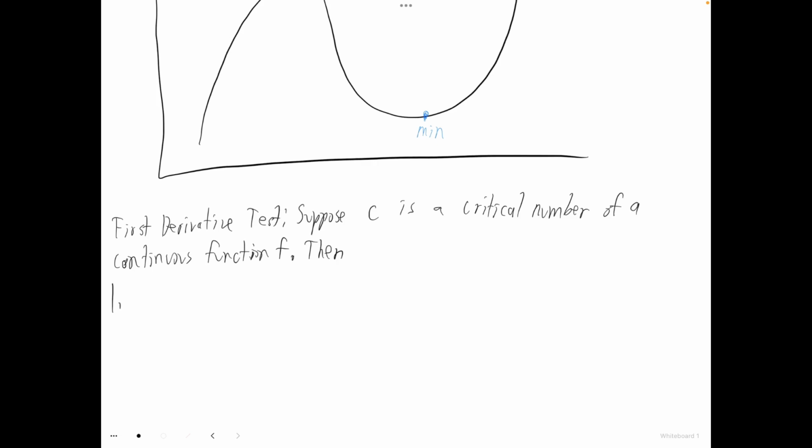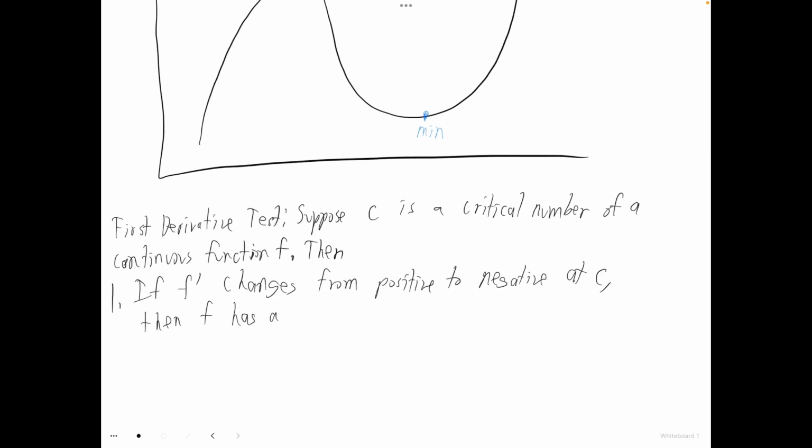First, if f prime changes from positive to negative at c, then f has a local maximum at c.